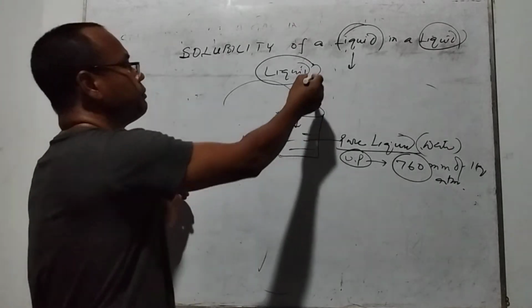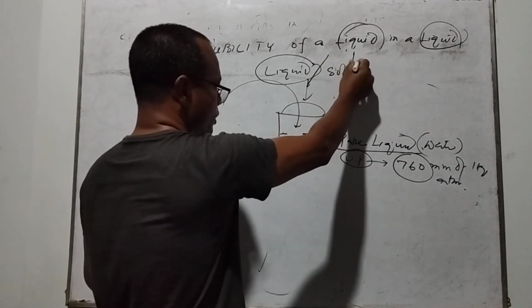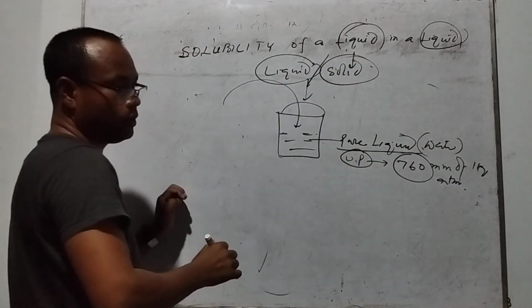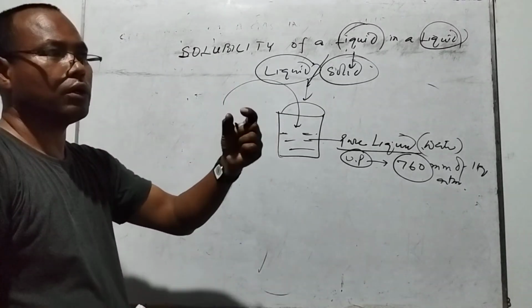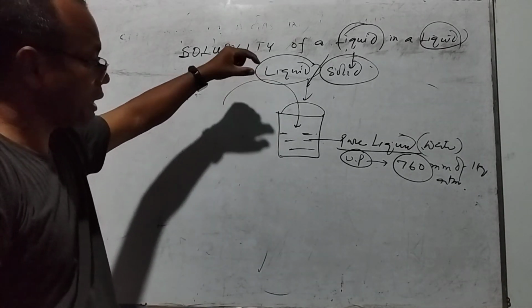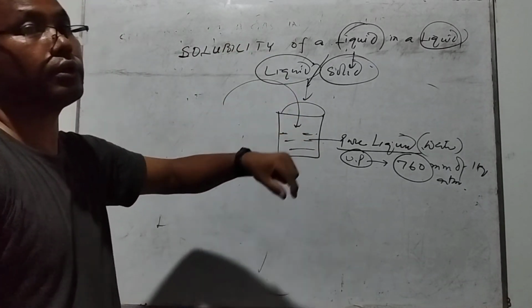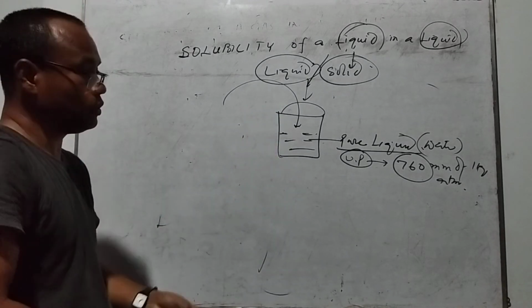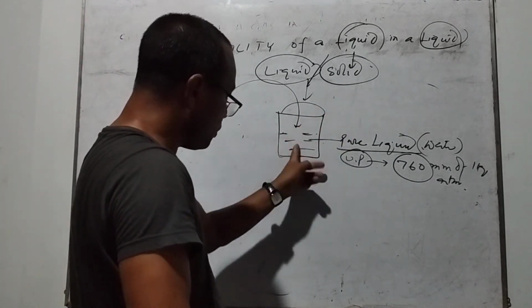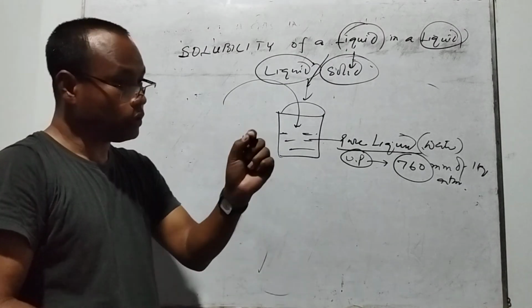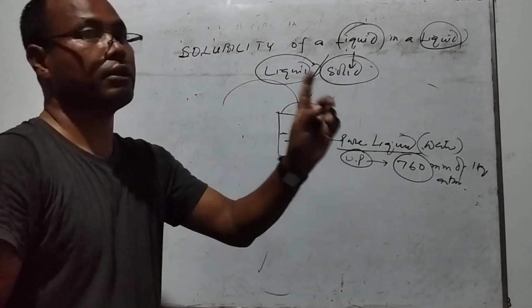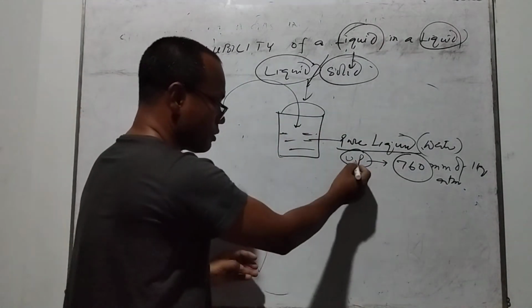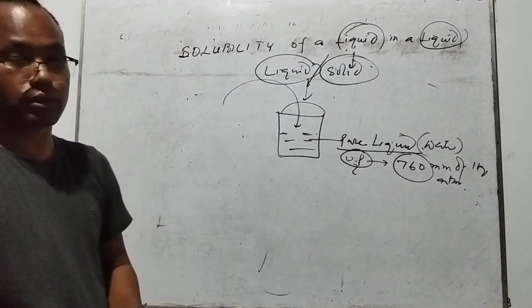Understand? So this may be a liquid, this may be a solid, right? So when we add a little amount of the liquid into our given liquid, the vapor pressure of the pure liquid should not remain there. It should be changed, right?